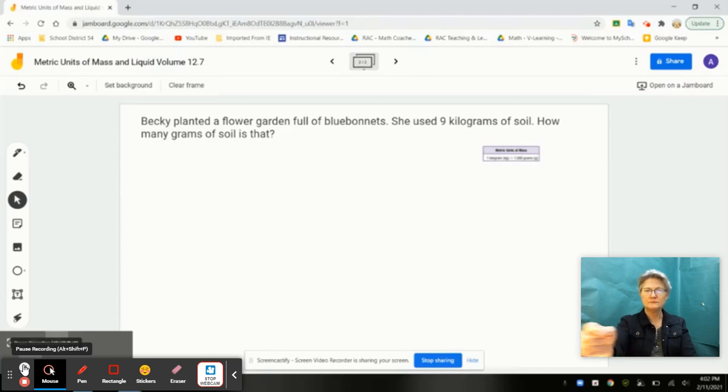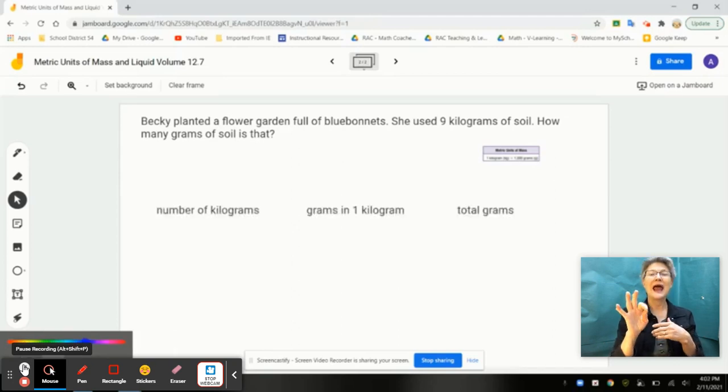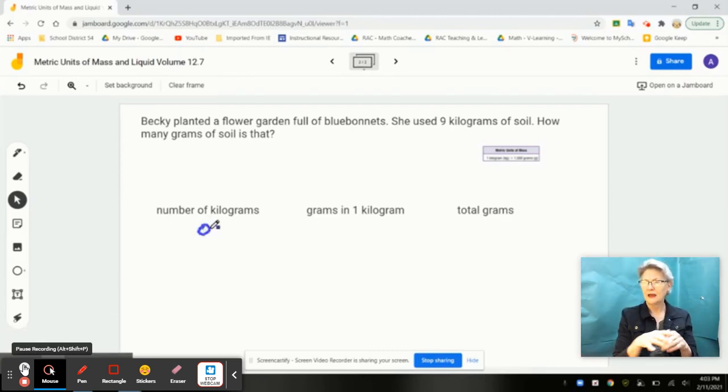So we start by looking at our number of kilograms. We have how many kilograms of soil? That's right, 9. And we already discussed that the operation we're going to use is multiplication. Now, we're going to multiply our 9 kilograms by how many grams are in 1 kilogram, which is, that's right, 1,000. Write that in here.